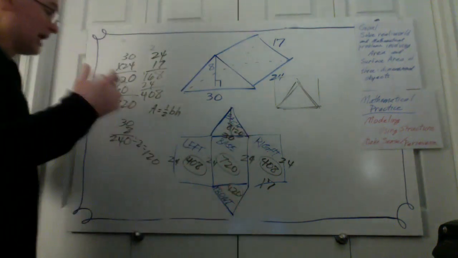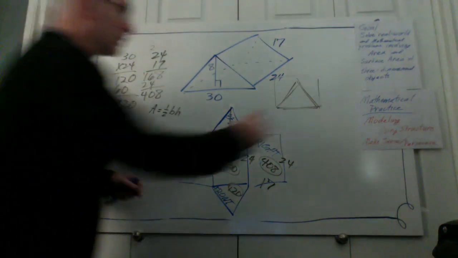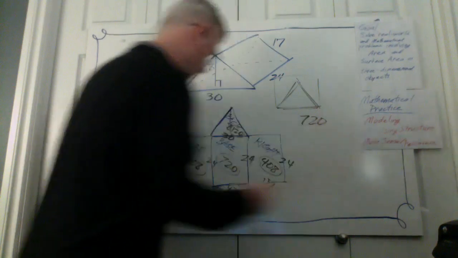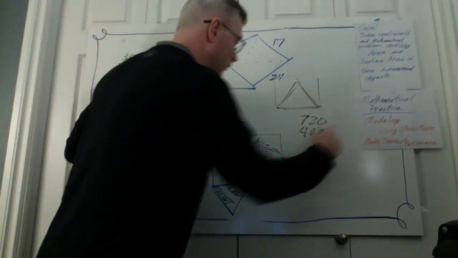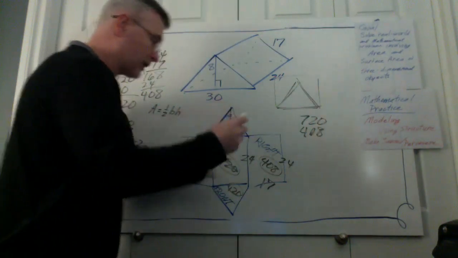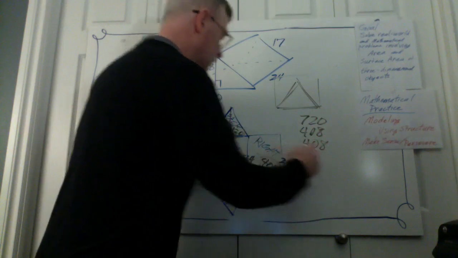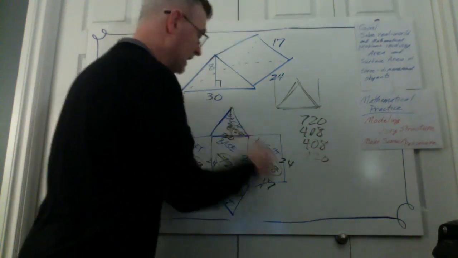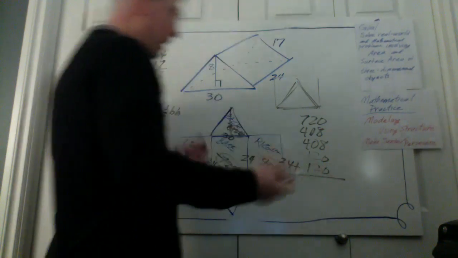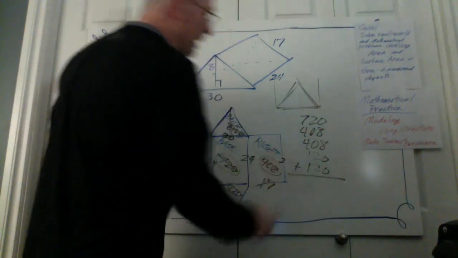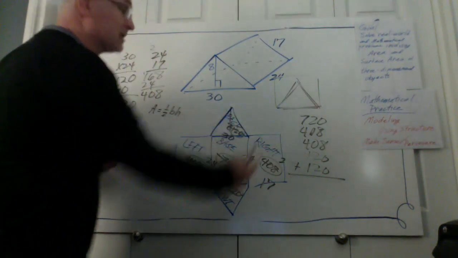So now I've got all of the numbers that I need, and I'm going to write them right over here. 720, I'm going to cross that out, and then 408, cross that one out so that I know that I wrote it down. 408, wrote it down, 120, wrote it down, 120, wrote it down. Add it up. 1, 2, 3, 4, 5 pieces, 5 numbers.